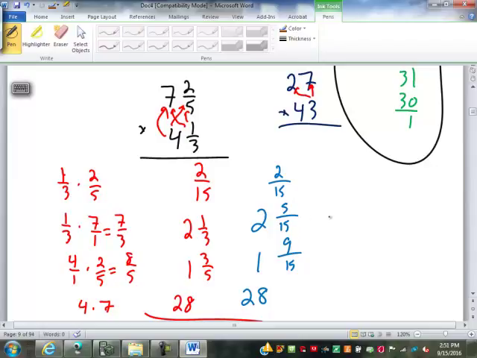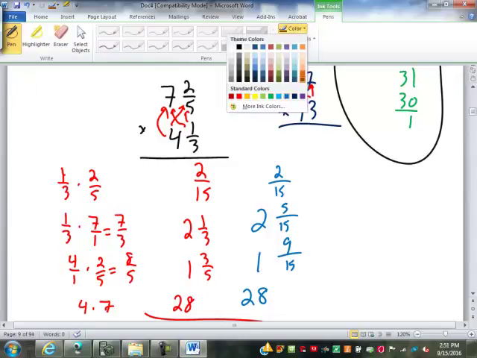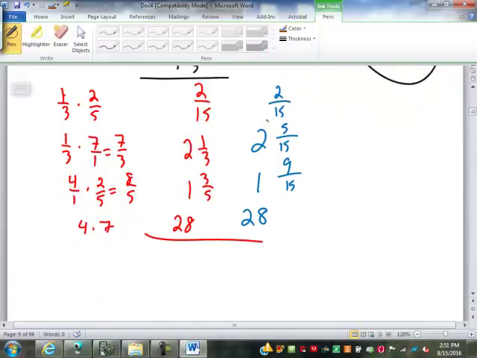That's 5/15. You added wrong. I added wrong. That's why. Okay. 2 and 5 is 7, not 6. Plus 9 is 16/15, which is 1 and 1/15. So I keep my 1/15, carry my 1. 1 and 2 is 3, plus 1 is 4, plus 8 is 12. So 2, carry the 1. And plus 2 is 3. I get the same answer.